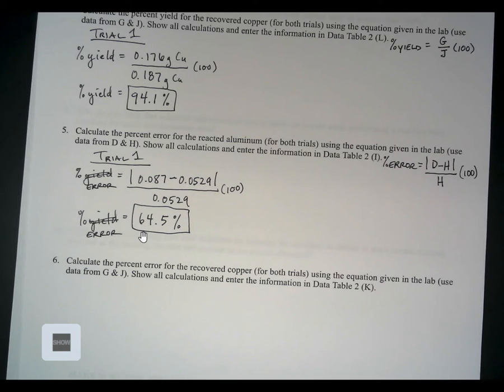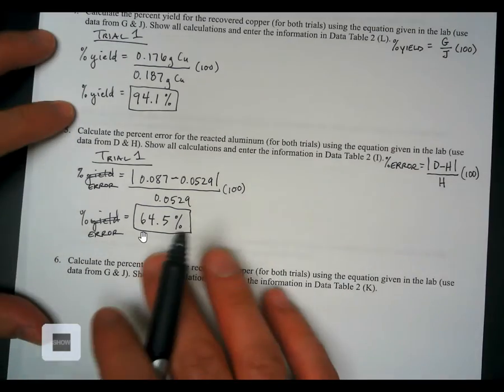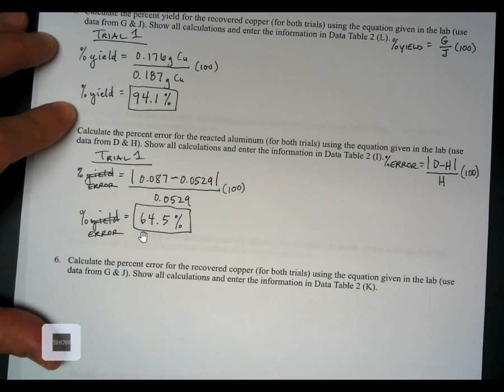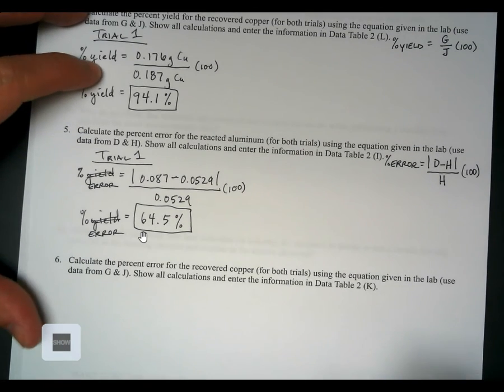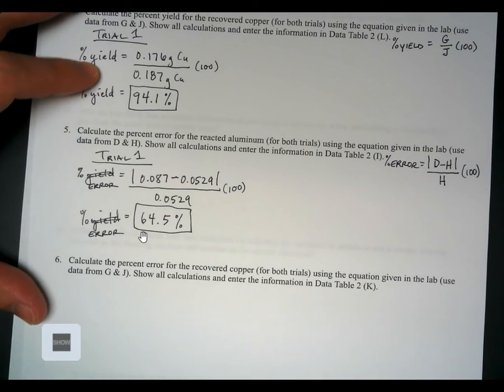So basically, just so you guys know, the percent error is how close you actually got to what you expected to get. So the lower the percent, the closer you were to the real number. We do expect to be off because of some things we'll talk about on Thursday.